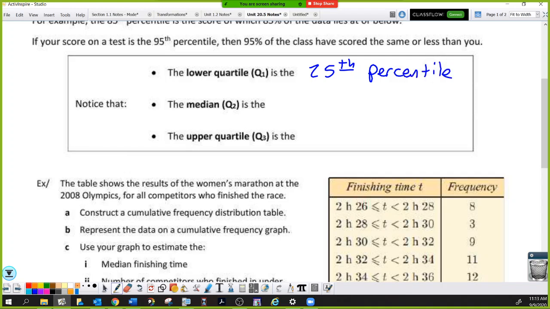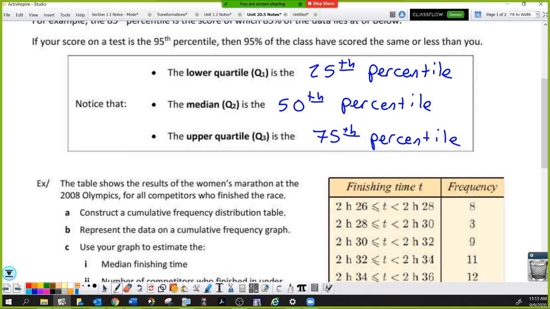The median, Q2, is the 50th percentile. And Q3 is going to be the 75th percentile. That should be pretty obvious, right?